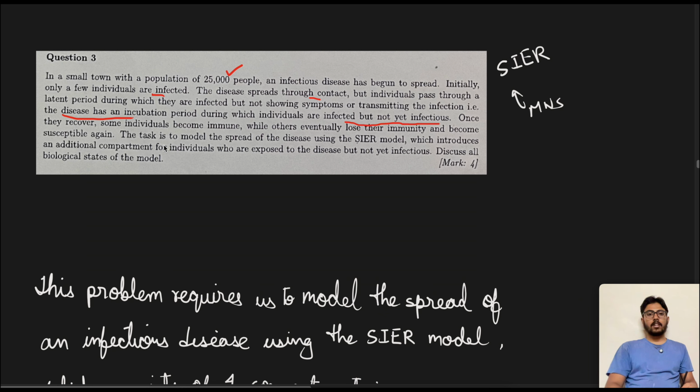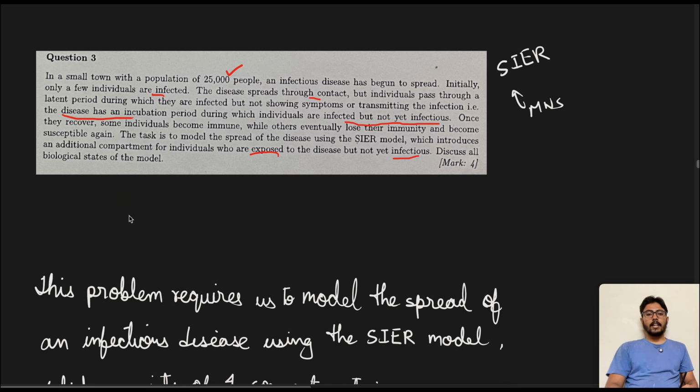Once they recover, some individuals become immune while others eventually lose their immunity and become susceptible again. The task is to model the spread of the disease using the SEIR model, which introduces an additional compartment for individuals who are exposed to the disease but not yet infectious. Discuss all biological states of the model.